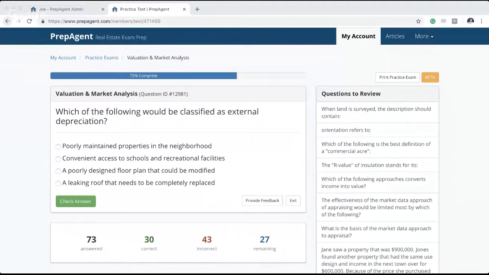Which of the following would be classified as external depreciation? A, poorly maintained properties in the neighborhood. B, convenient access to schools and recreational facilities. C, a poorly designed floor plan that could be modified. Or D, a leaking roof that needs to be completely replaced.